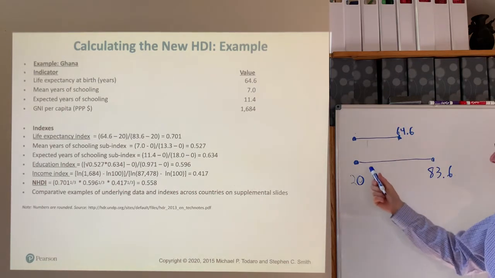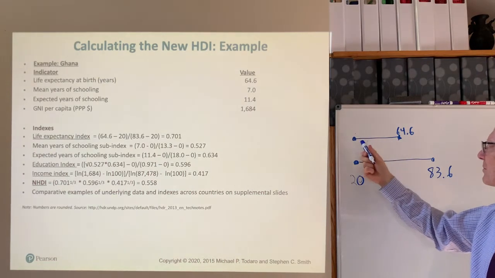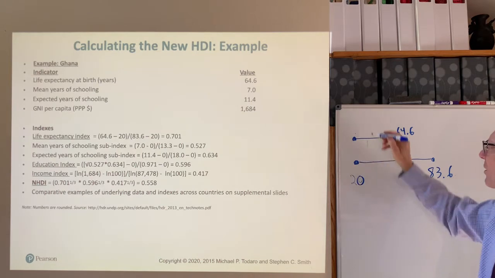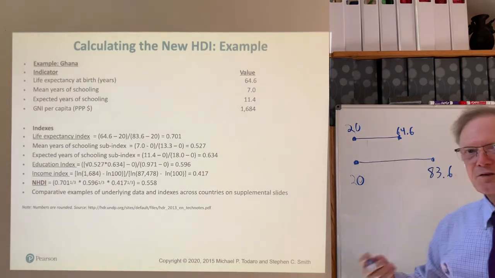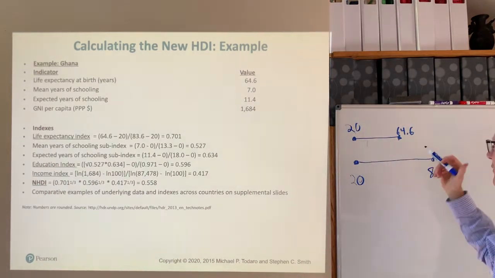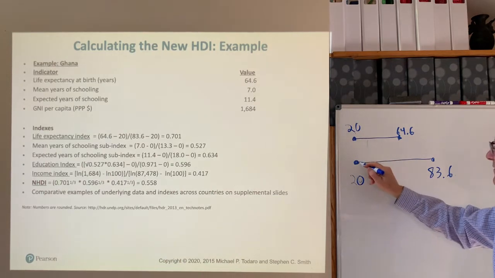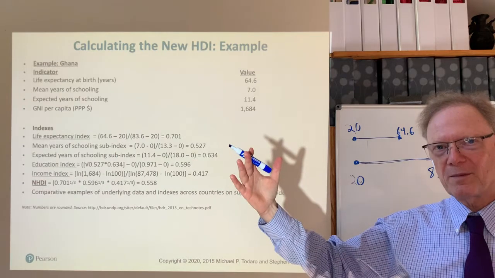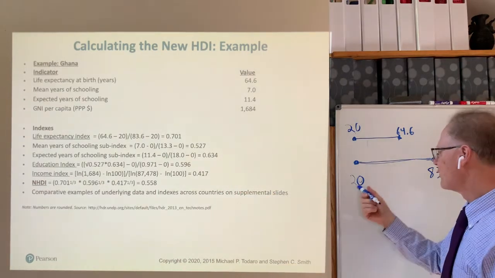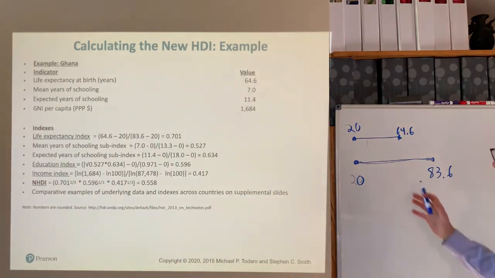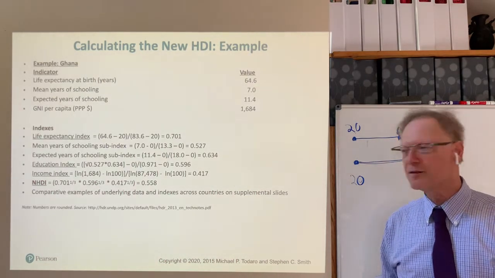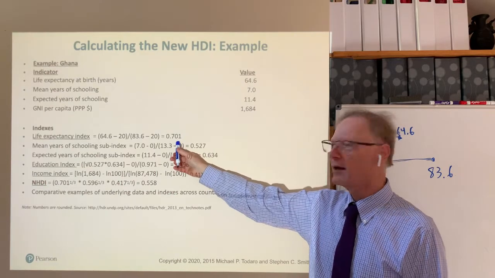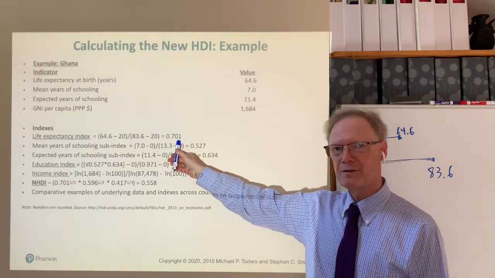And so this ratio of 64.6 minus 20, or 44.6, divided by the overall amount of years between the goalposts of 20 and 83.6, or in other words, 63.6, gives us, as a result, our life expectancy index.